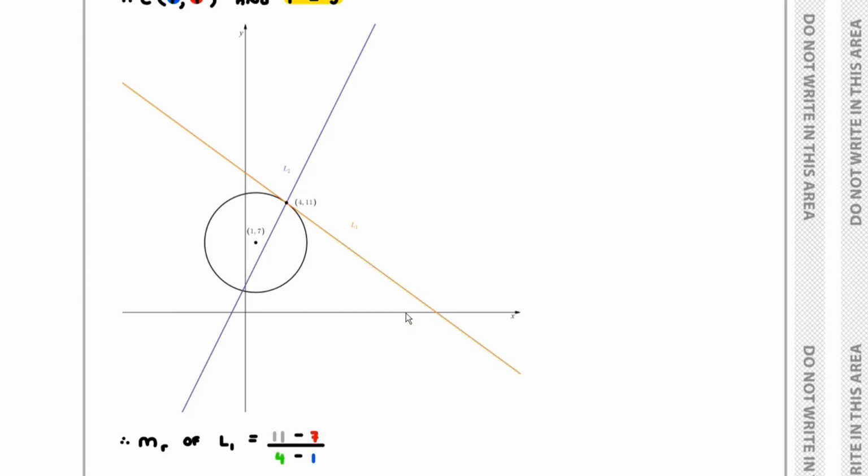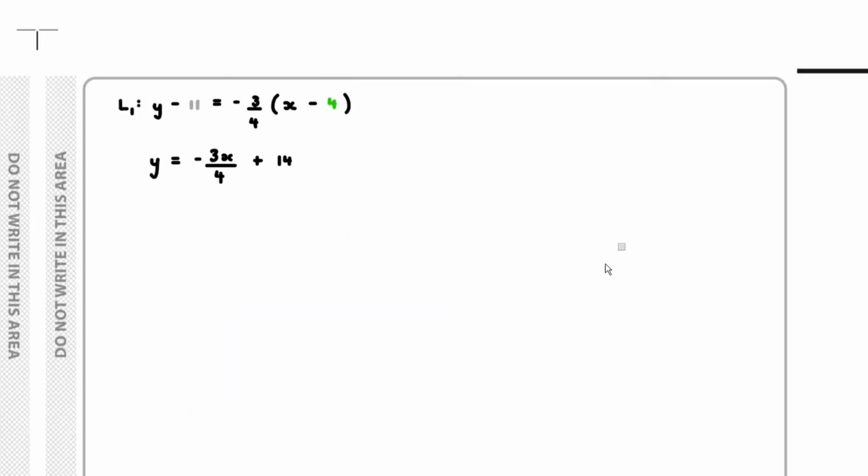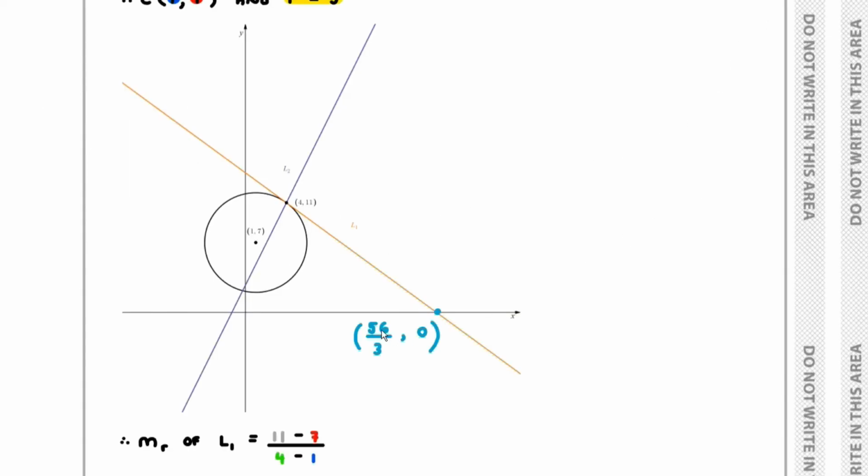If I know this point and I know the height, I can find the other point using the area of the triangle. So if I set y equal to 0, we have negative 3/4 x plus 14 equals 0, meaning x is equal to 56/3. So here I've got 56/3, 0.